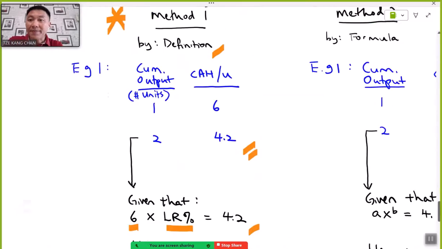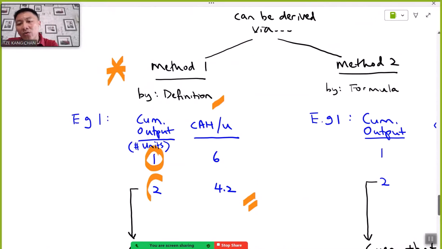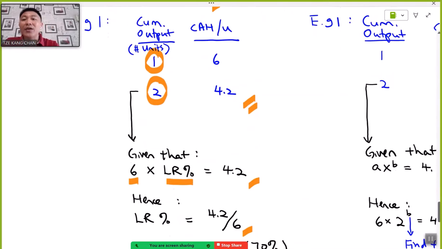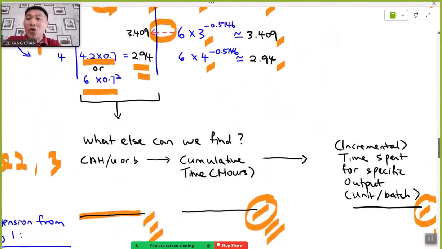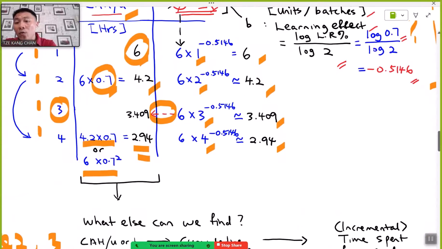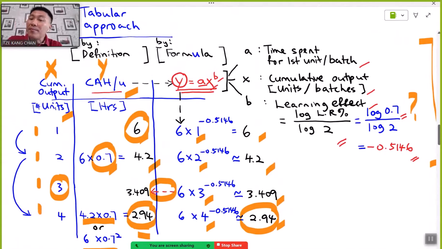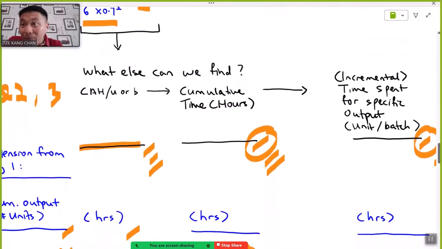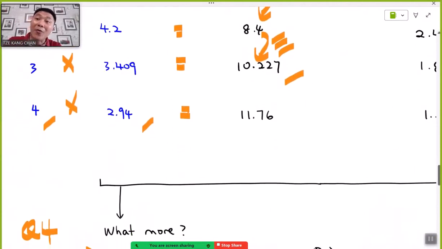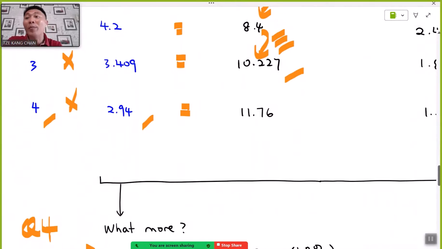That applies should the figures given be based on 1 and 2 units. Have you thought of what happens if the question provides the reading of 4 instead of 2? Well, if the cumulative output given in the question is 4, obviously this number will be given. The cumulative hours will be given, and therefore the cumulative average hours per unit or per batch will all be available, which are 2.94 and 11.76.